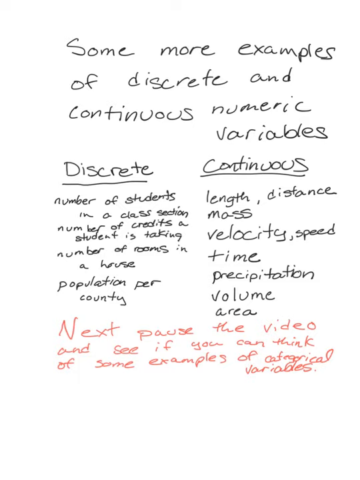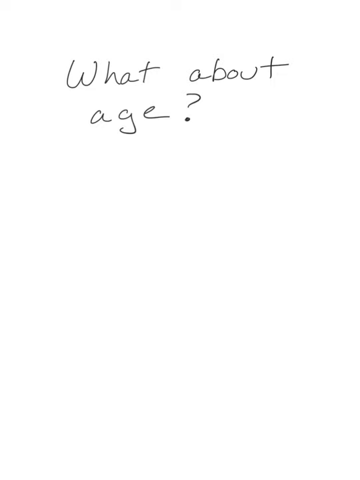Did anyone come up with age as an example of a numeric variable? So what about age? It's a pretty commonly used variable, but what kind of variable is it? If I asked you how old you were, you might say, I'm 19.